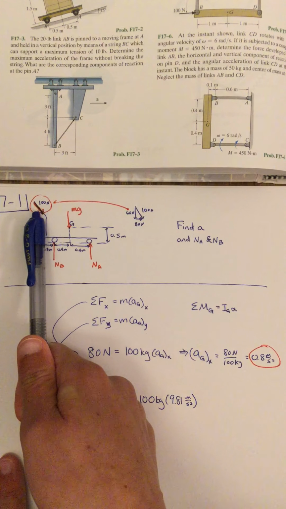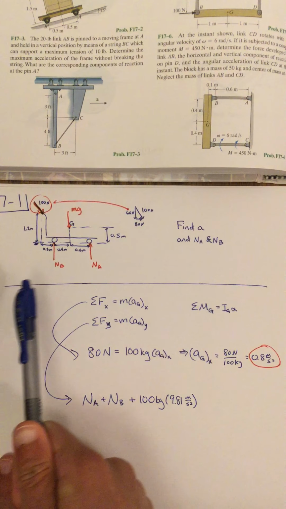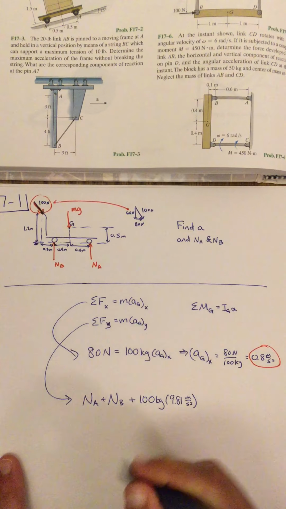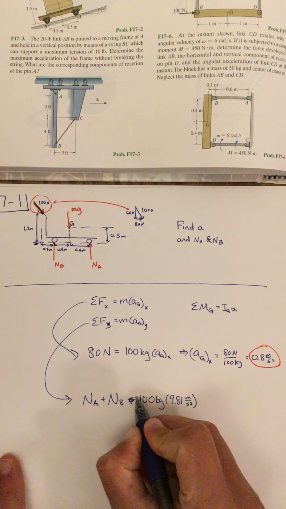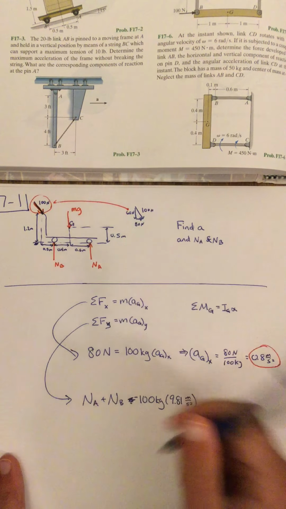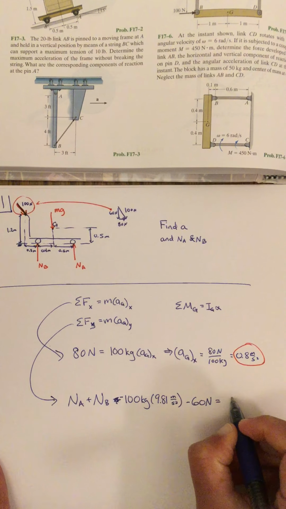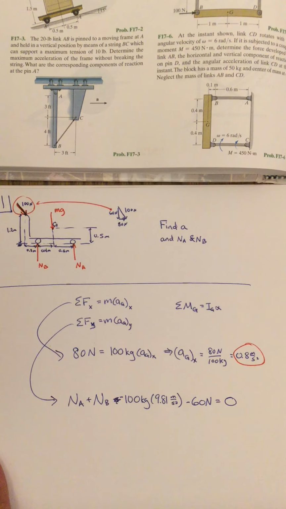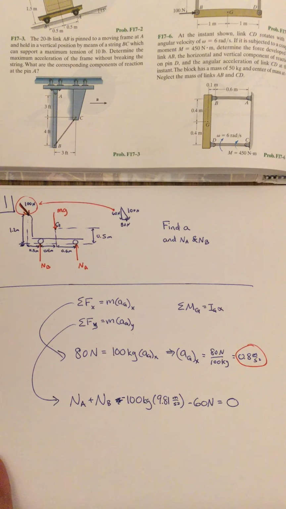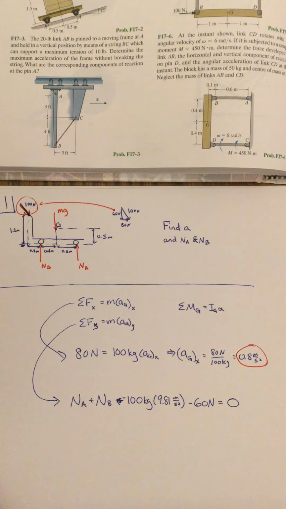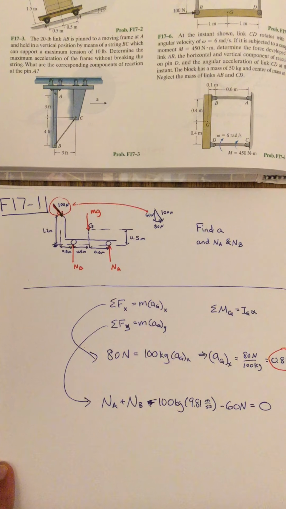And then we have a component of this force which is acting downwards also, so that should be negative. And that component is 60 newtons, so that's minus 60 newtons. The acceleration in the y direction is 0, so that's equal to 0. Okay, so we have 2 unknowns in this equation. So we're going to need a third equation in order to find our 2 unknowns here.